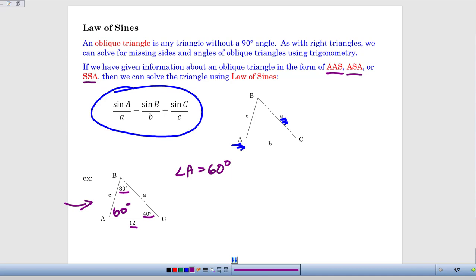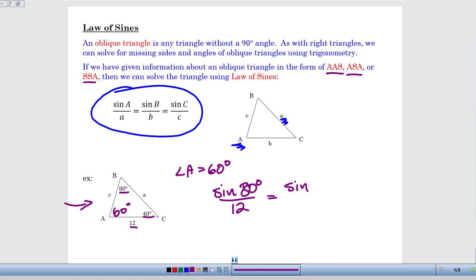So the foundation of our law of sines proportion is going to be the pair of angle and side where we know both of them, where we know both the angle and the side across from it. And in this case, that's true for angle B and side B. So we can write sine of 80 degrees, so sine of angle B, over the side across from it, which is 12, is going to be equal to, and now we can solve for either of the two sides, but we'll go alphabetical order, so we'll solve for A first.